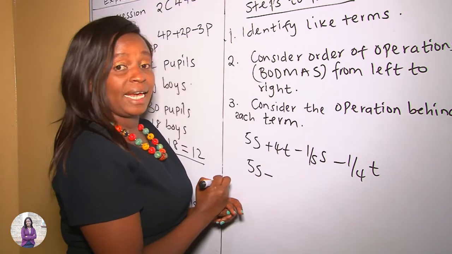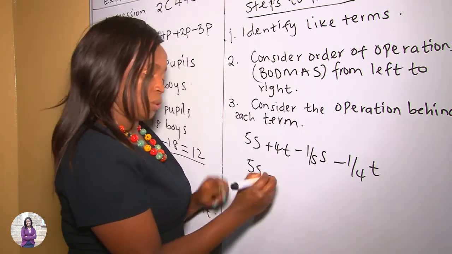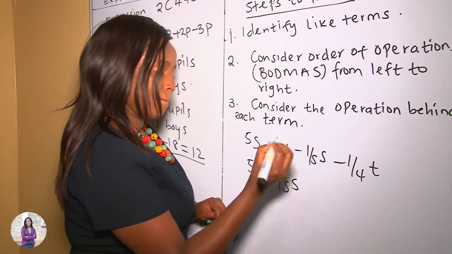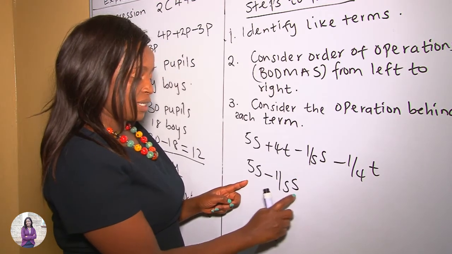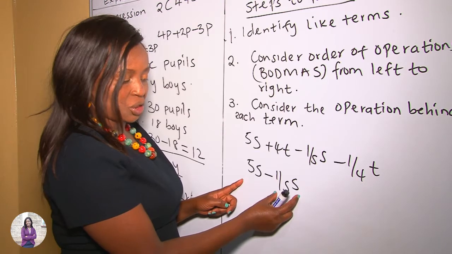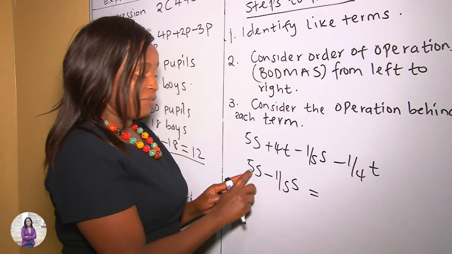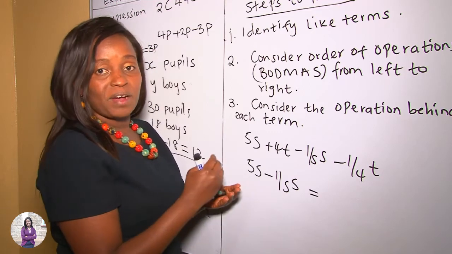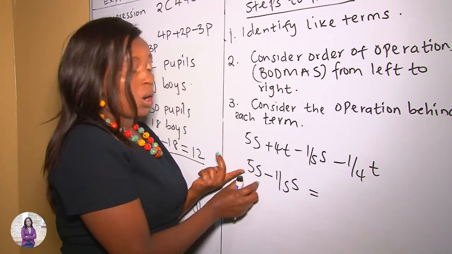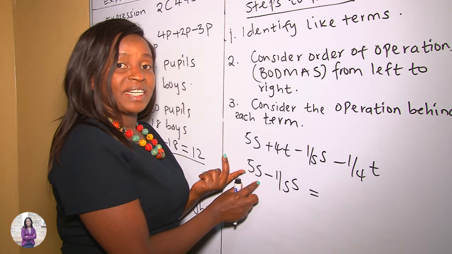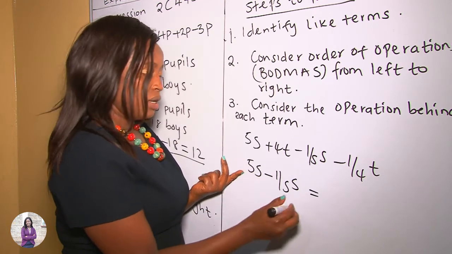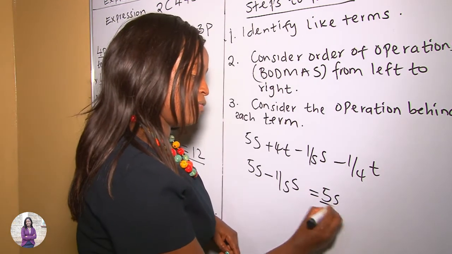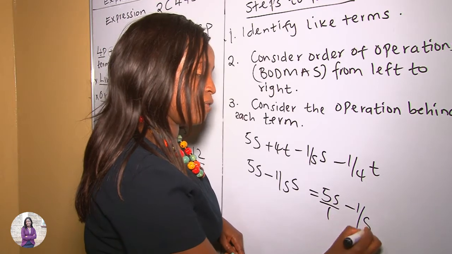Therefore, it is going to be taken away as we put them together: 5s minus a fifth s. This is a whole number and this is a fraction. The rule of fractions says if it's a whole number take away a fraction, first express the whole number as a fraction by writing its denominator as 1. So you have 5s over 1, take away a fifth s.